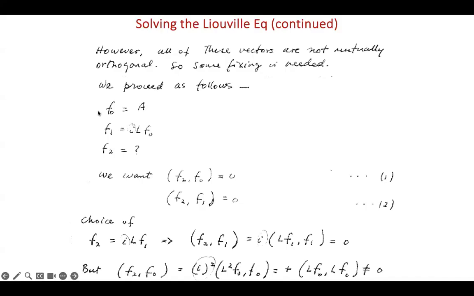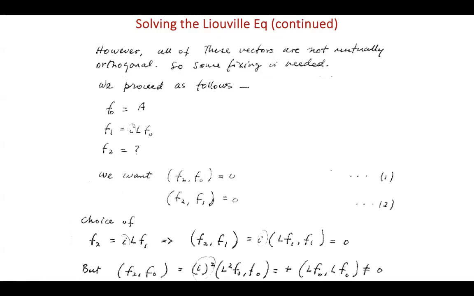So anyway, we now have to figure out how to make F2 orthogonal to F1. That's the first goal we have. So we want F2 comma F0 to be 0. We want F2 comma F1 to be 0, because below 2 we have F0 and F1. Both of them must be orthogonal to F2, right? And so F2 equal to IL F1 would imply that F2 comma F1 is IL F1 comma F1.